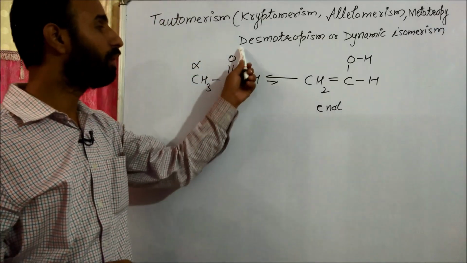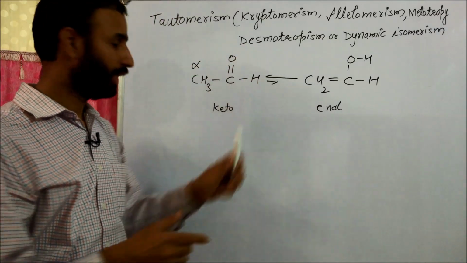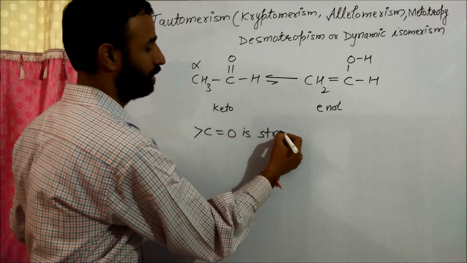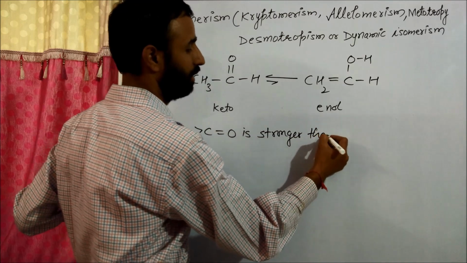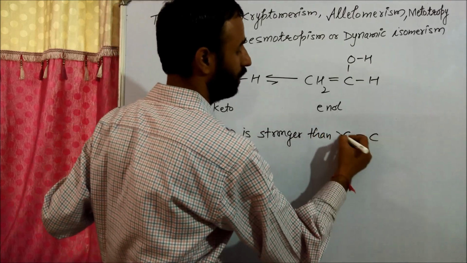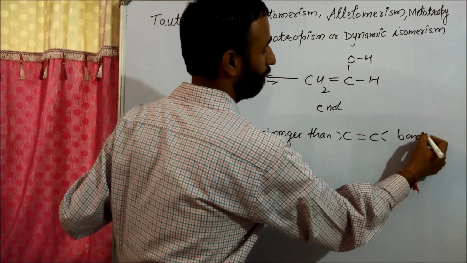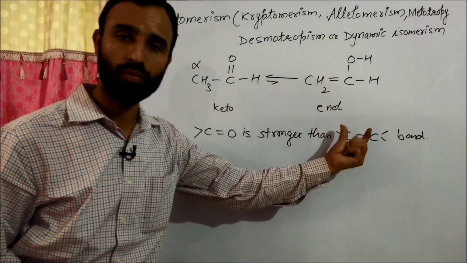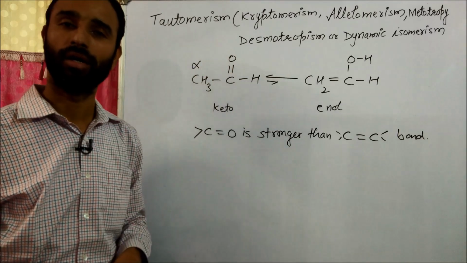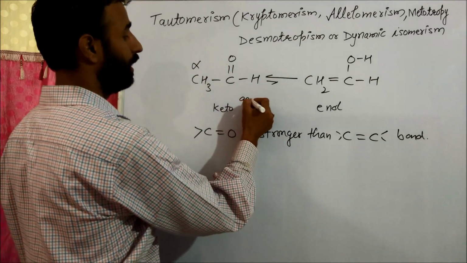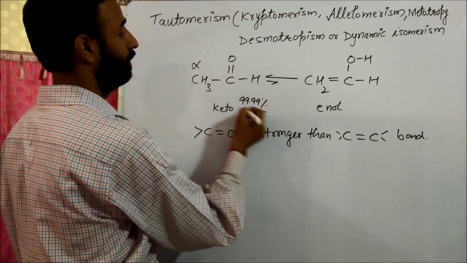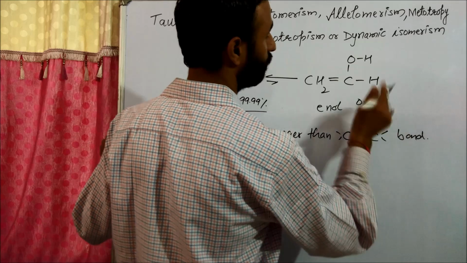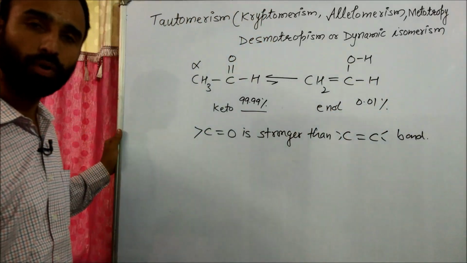Because the C double bond O bond is stronger than the C double bond C bond. So this is the reason why keto form is more than enol form in simple ketones. 99.99% we have keto form and only 0.01% we have enol form.